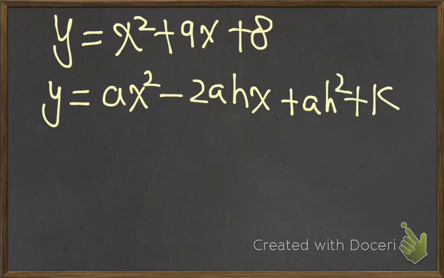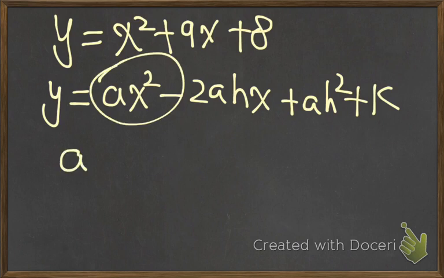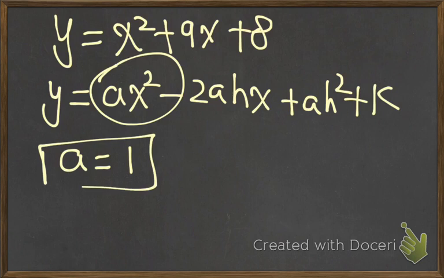Now all you need to do is compare the coefficients. What is the coefficient of x squared in the general form of the equation? That is simply equal to 1. So a will also be equal to 1, because in this case the coefficient of x squared is a, so a is simply equal to 1.